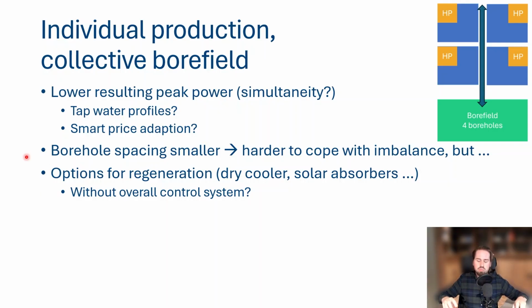And there is no central control system that could be used to control our regeneration with a dry cooler or solar absorbers. So if we would use regeneration in this case, we would need an extra central control mechanism specifically for this regeneration. So yes, it's possible because it's on the same manifold, but it's not trivial to do so. It's not plug and play, let's say.